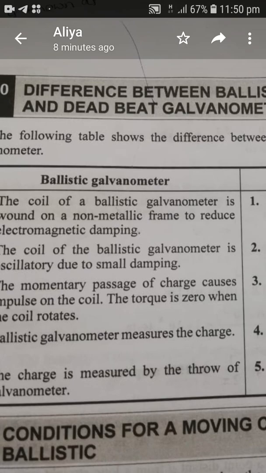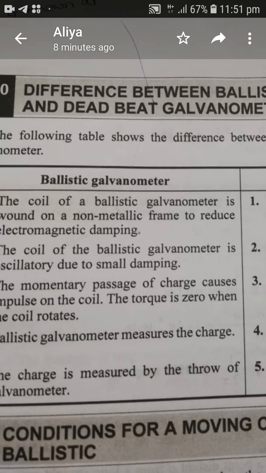What is electromagnetic damping? This damping arises due to induced current in the coil during its motion in the permanent magnetic field.